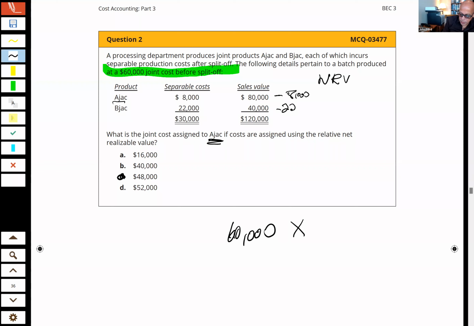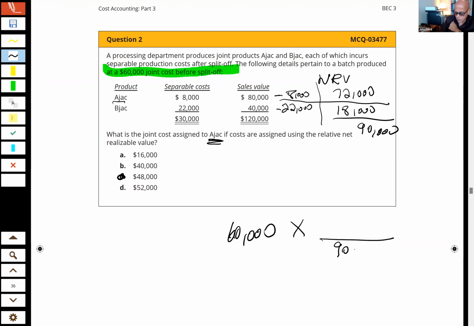So for AJAC, it's 8,000. For BJAC, it's 22,000. We come up then with that net realizable value, which is going to be 72,000 for AJAC and 18,000 for BJAC. So we have a total of 90,000. That's going to be in the denominator here.